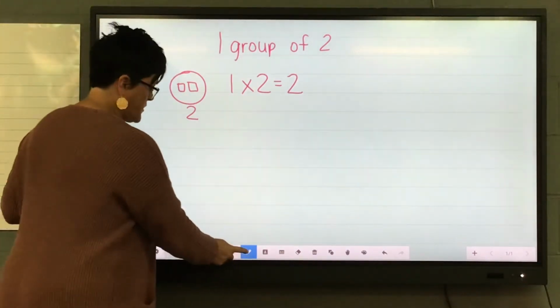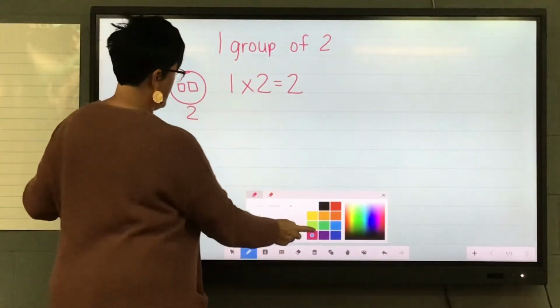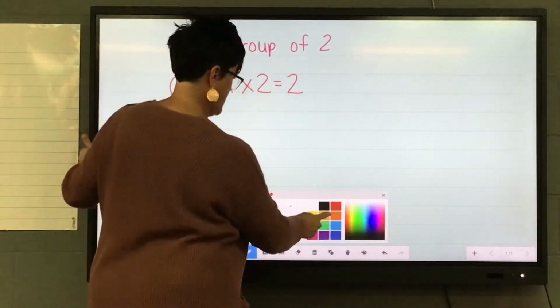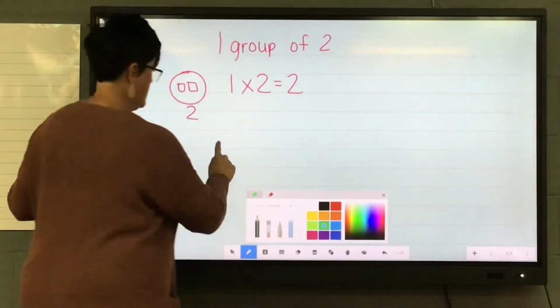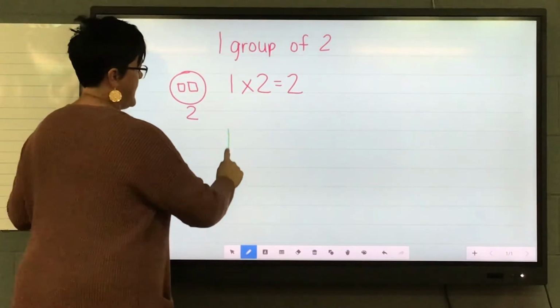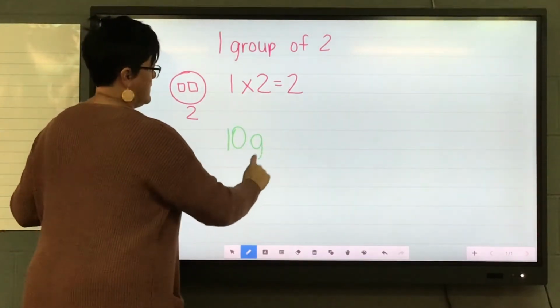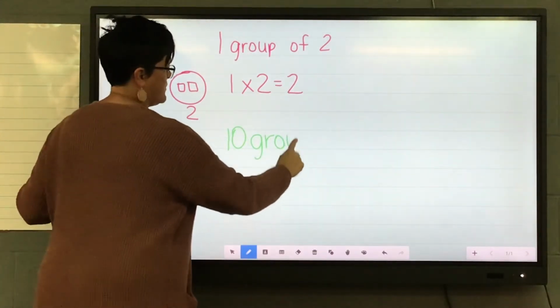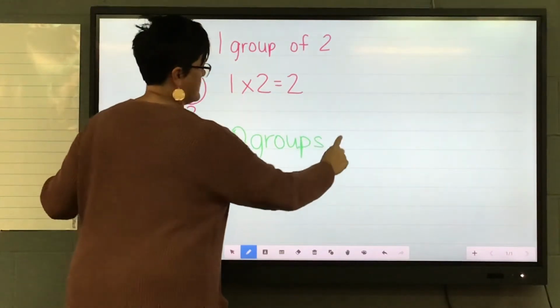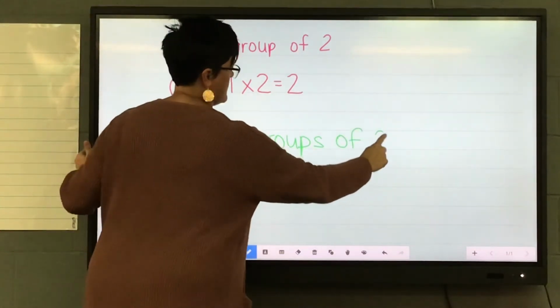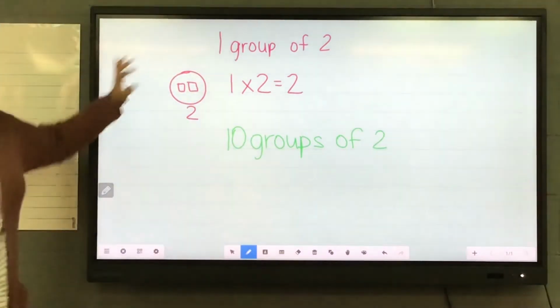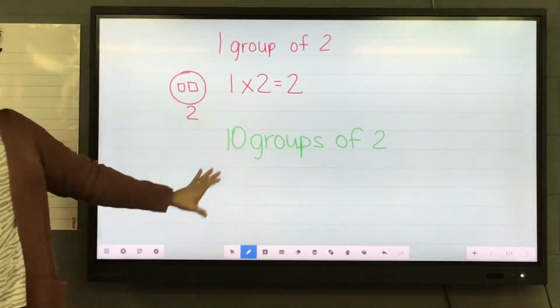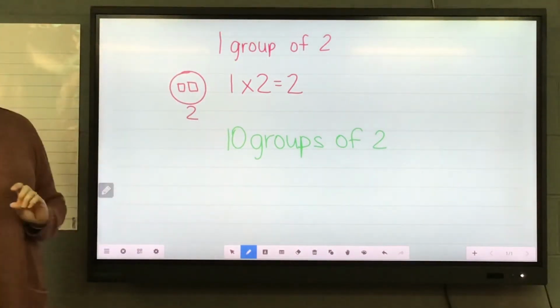Now what you're going to do is have 10 groups of 2. So we had one up here. Now we're going to do 10 groups of 2.